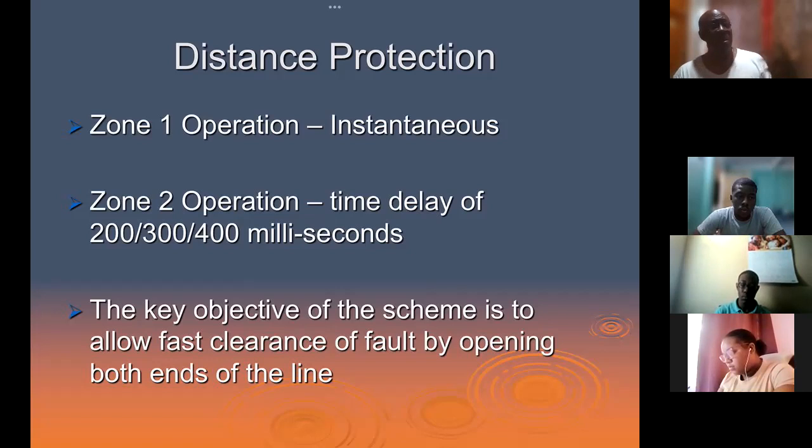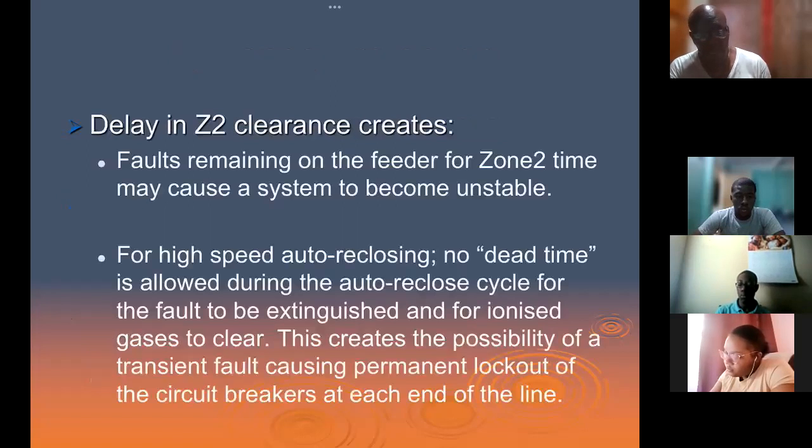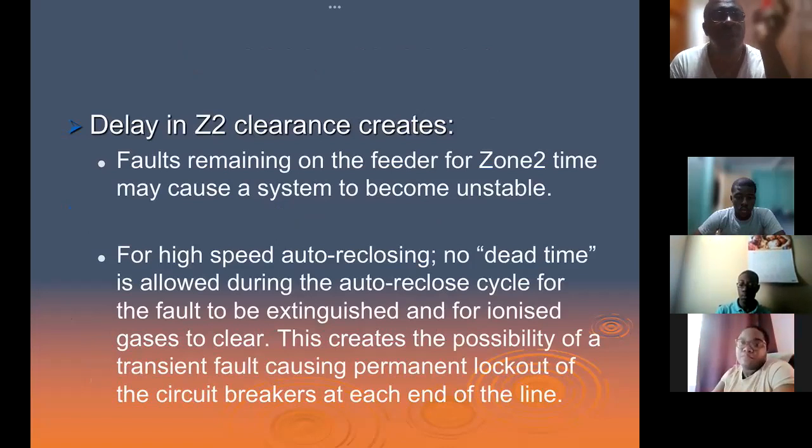So to be on the safe side, we're at 80%. I also mentioned to you that our own utility here in Jamaica uses 90%. But the standard is 80. So there is always that 20%, or in the case of JPS, that 10% of the line that would not be under zone 1.